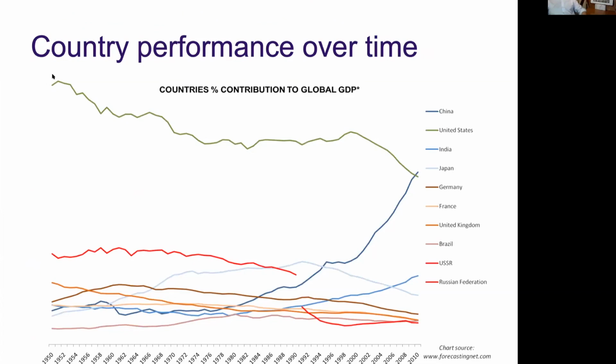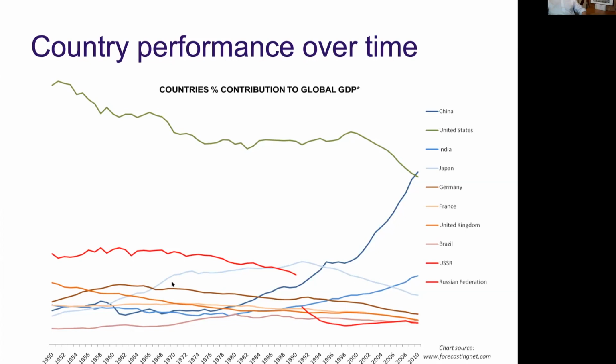Right? For a long time the overall most powerful country was the United States, but the one which is really increasing in recent years is China, and to some aspects also India.